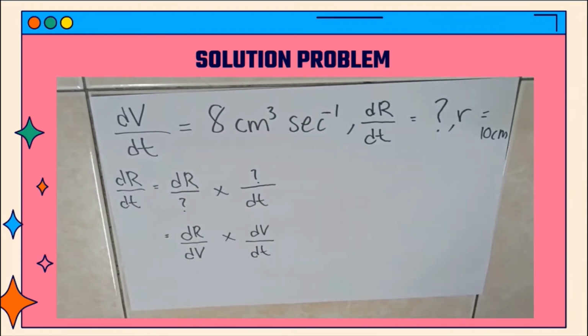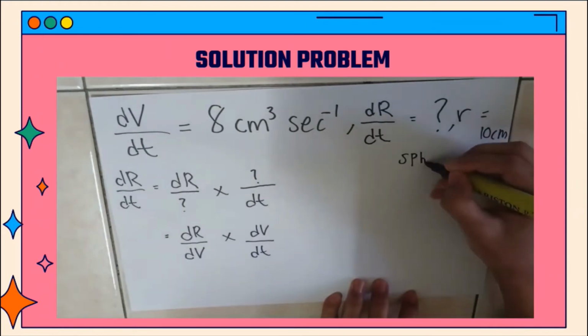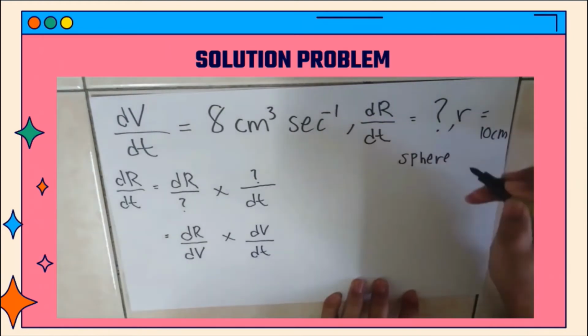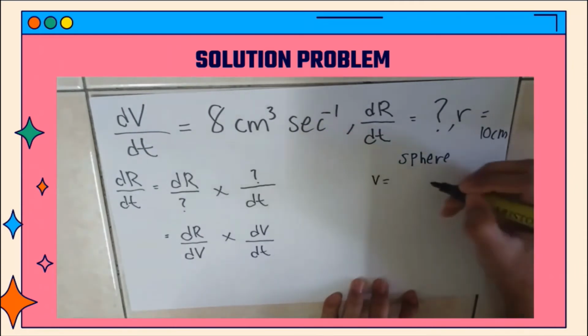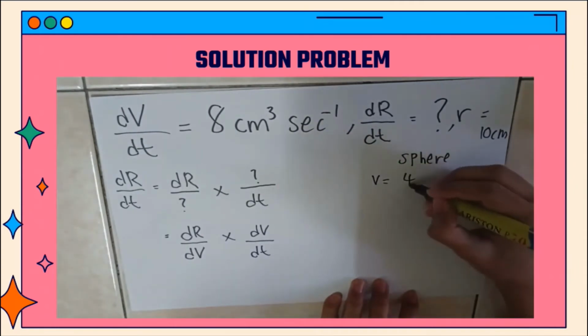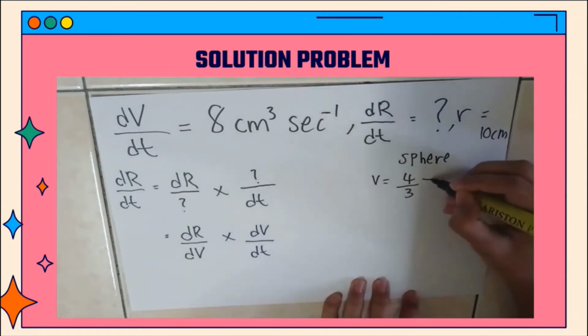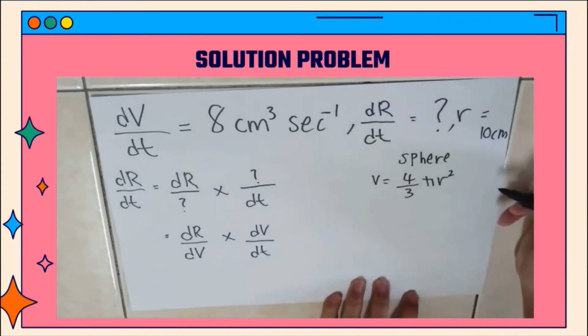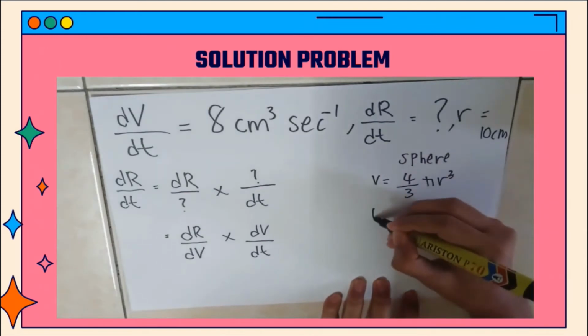Before we go further, the formula of the sphere volume is V equals 4/3 pi r^3.